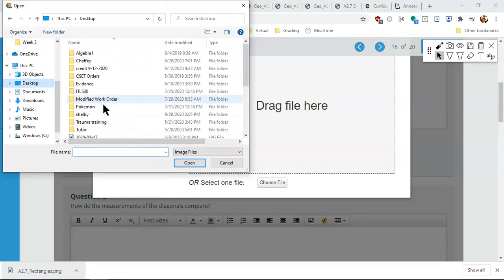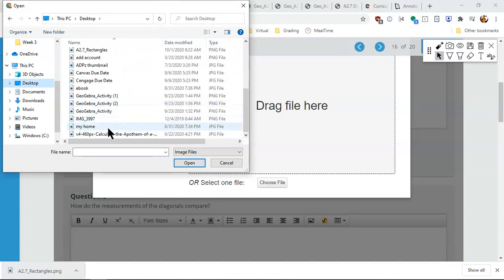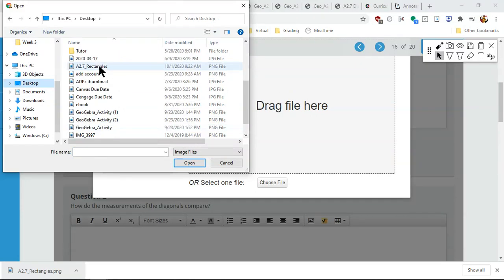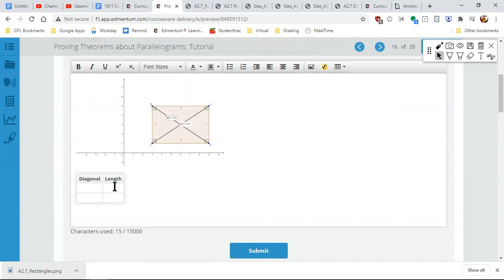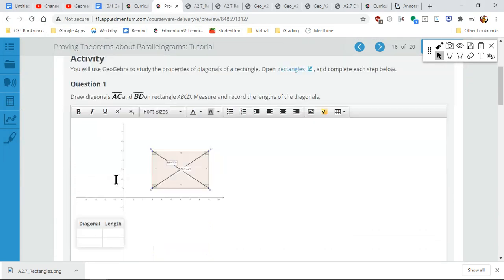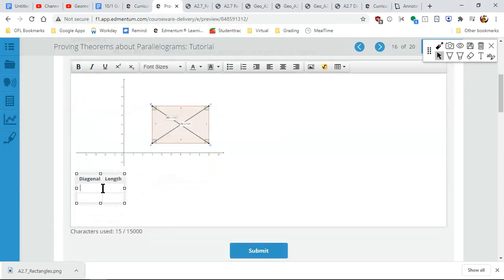Nope. Not in downloads. Where's the rectangle? There it is. What's nice about using the default name is it saves the actual activity and everything for you. So that makes it easier for me to type this in also, because I can barely read it there, but I can read it.